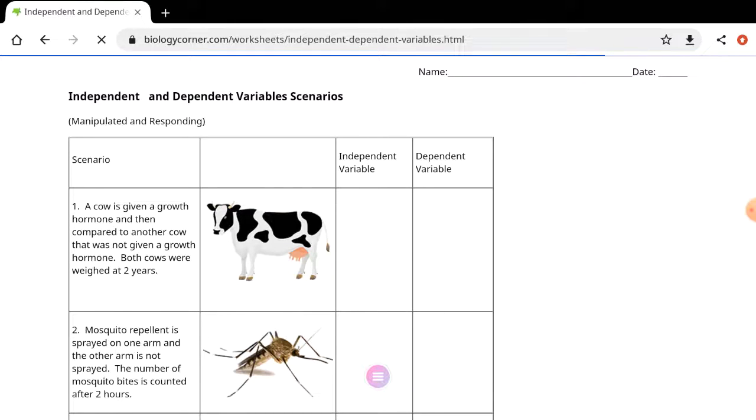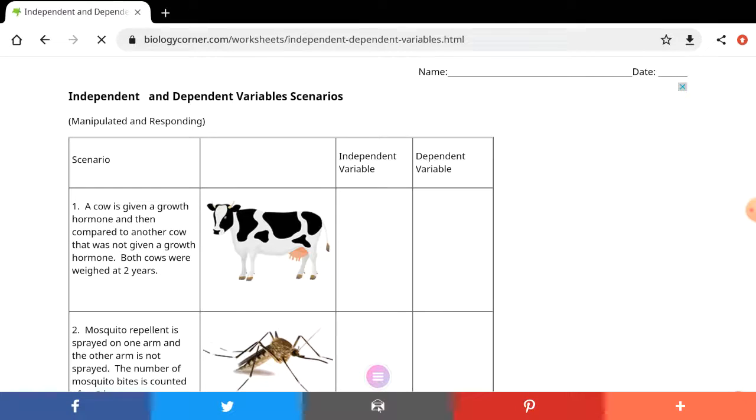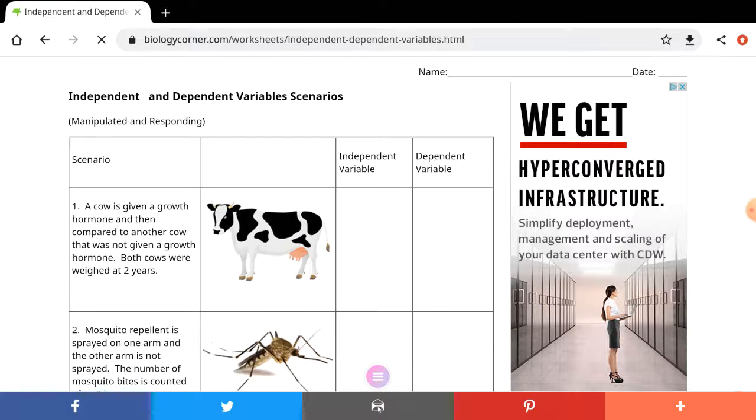Okay, so we're going to read scenario 1. Go ahead and open your notebook to page 3 and 4, to where we have our definitions there for all our variables if we need to look back at them. Now, the hardest part about these is some of the things it's going to talk about we don't have any background knowledge on.